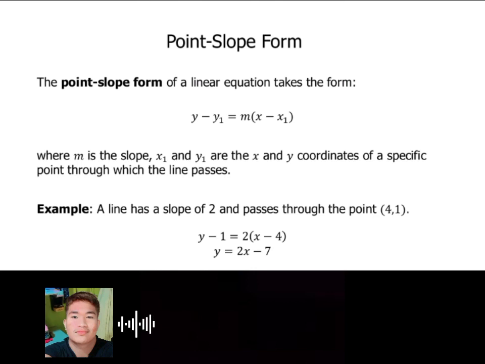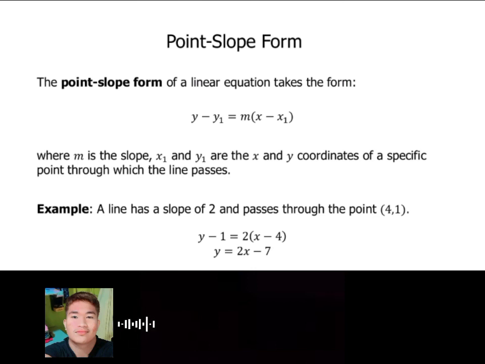Next is the point-slope form. The point-slope form of a linear equation takes the form y minus y sub 1 equals m times (x minus x sub 1), where m is the slope, and x sub 1 and y sub 1 are the x and y coordinates of a specific point through which the line passes.